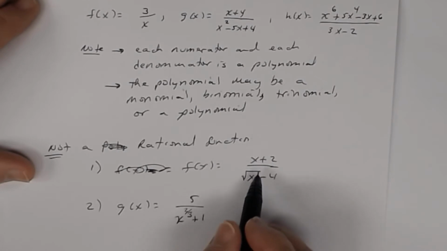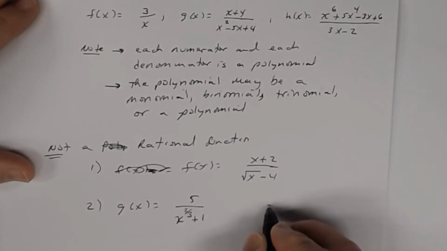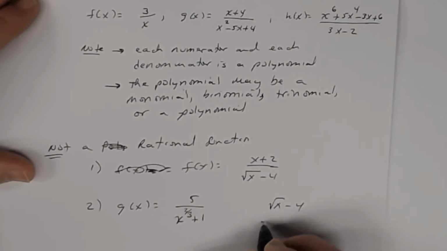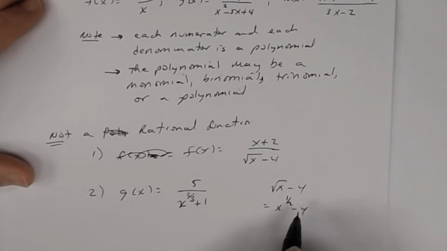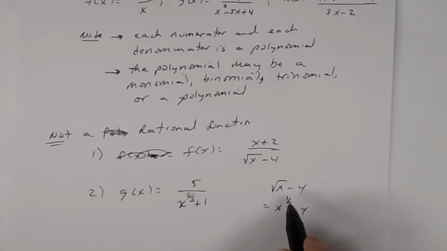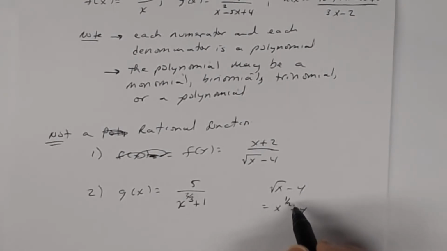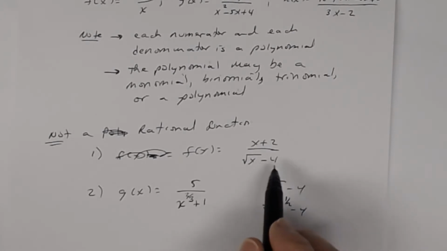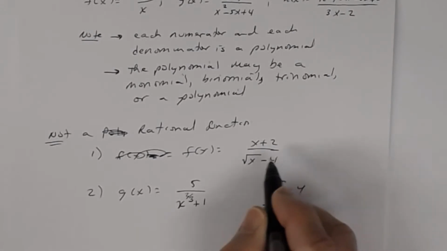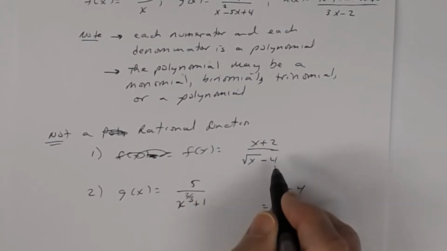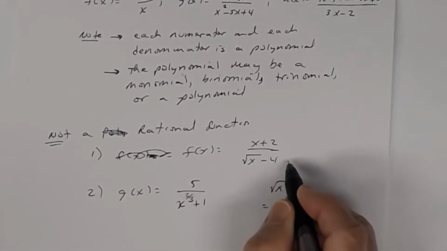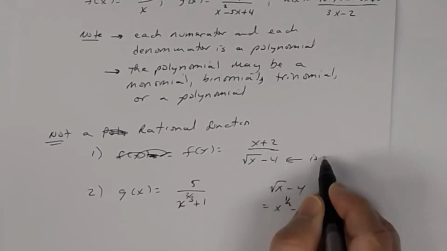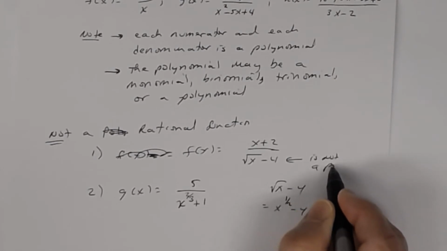So notice, though, that this is a square root. If I rewrite this, the square root of x minus 4, I can write as x to the 1/2 minus 4, from a previous course in terms of rational exponents. So notice that 1/2 is not a whole number. That's why this is not a polynomial, and the reason this is not a rational function is because this is not a polynomial.